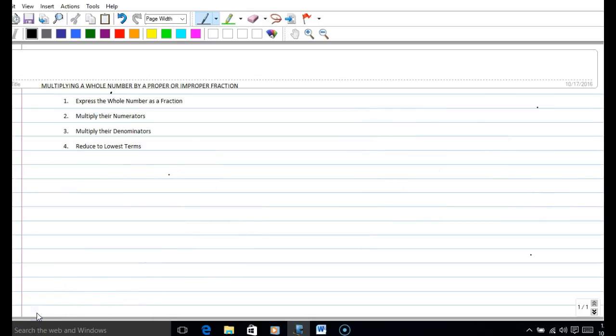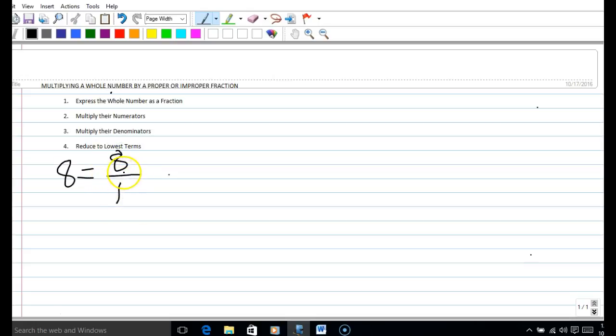In this section, we're going to look at multiplying a whole number by a proper fraction. Every whole number can be expressed as a fraction, with the numerator being the whole number itself and the denominator being 1. So if I want to express 8 as a fraction, the numerator itself would be the whole number and the denominator would be 1.